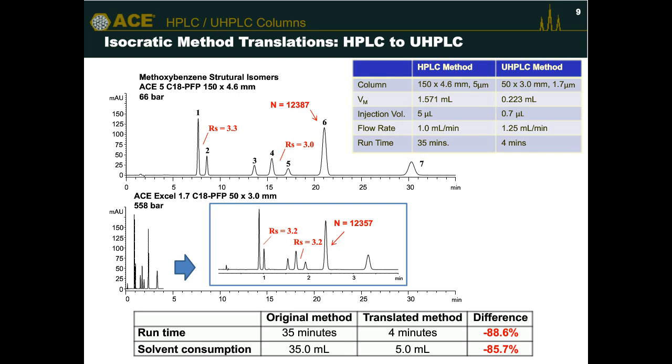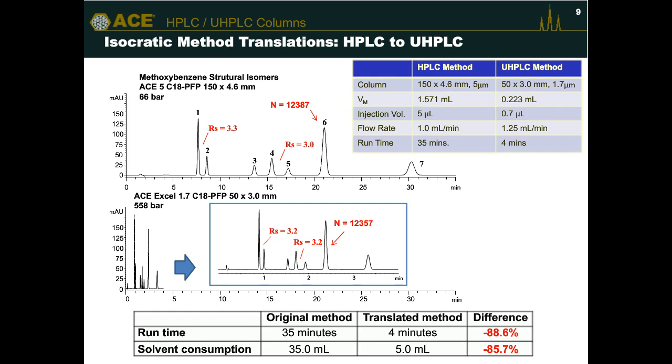So we've maintained the resolution of the critical pairs, we've maintained the efficiency of peak 6 in this occasion that we were looking at, and we've saved a lot of time and a lot of solvent. So it really is beneficial, and this is why UHPLC is becoming so popular, because we can achieve much faster separations with the same chromatography we had in HPLC.